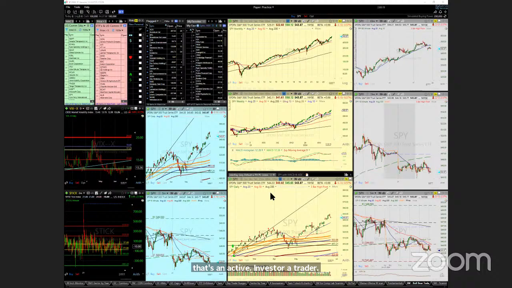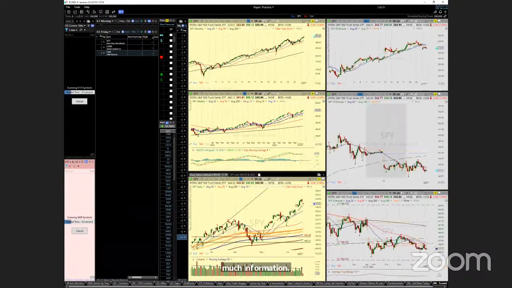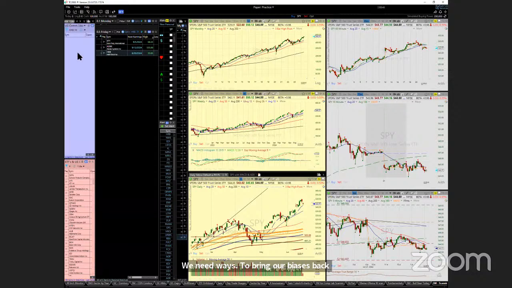Well, you're in front of your screens during the day. And even though you may be a swing trader, you're looking for new opportunities throughout the day. You're actively involved on an intraday basis at some level. Looking at so much information, we need ways to bring our biases back to where they should be.